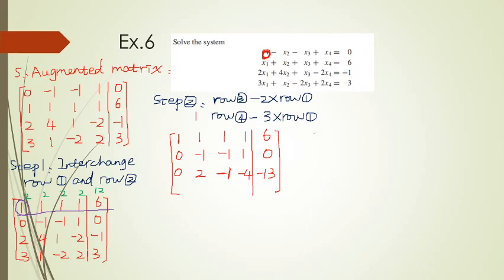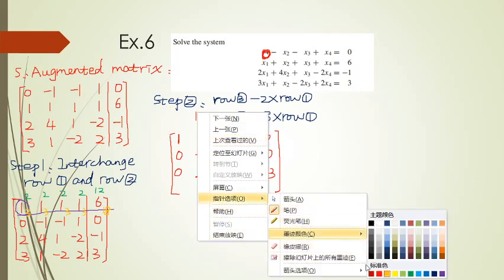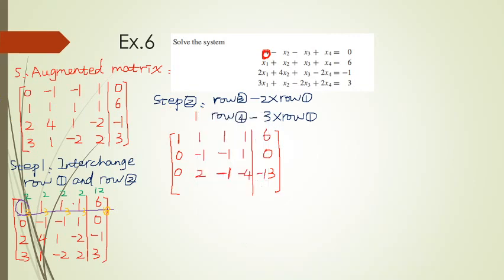Then let me mark in yellow. The first row times 3, so you get 3, 3, 3, 3, and 18. So that will be row 4 minus those yellow numbers to replace row 4. 3 minus 3, 0. 1 minus 3, minus 2. 2 minus 3, minus 5. 2 minus 3, minus 1. 3 minus 18, minus 15.